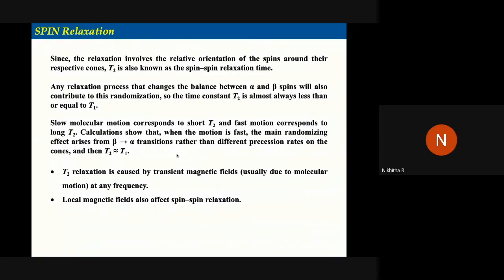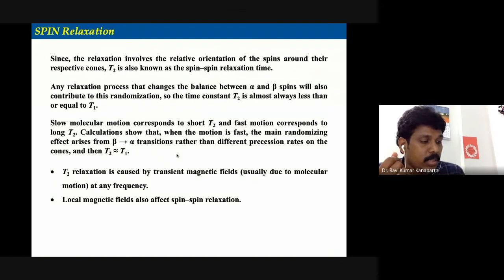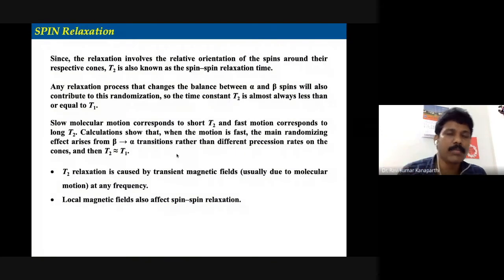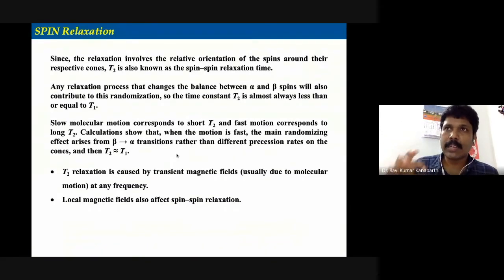That particular discussion is only to understand how the signal is being recorded. In principle, we don't have one magnetization vector. It's just illustrative. In reality, we don't have a vector called the net magnetization vector.